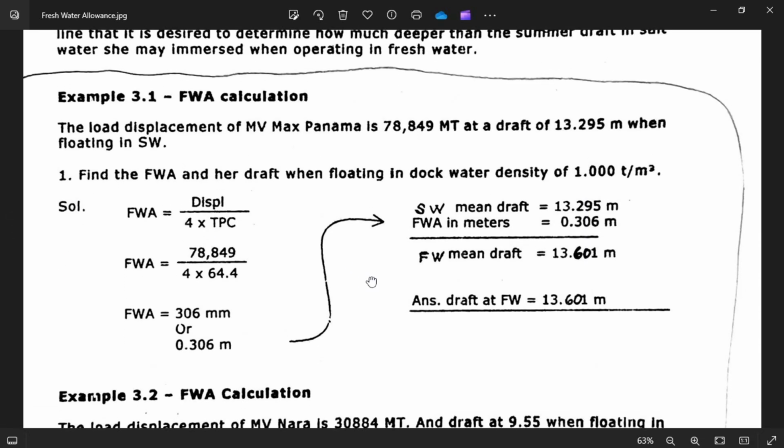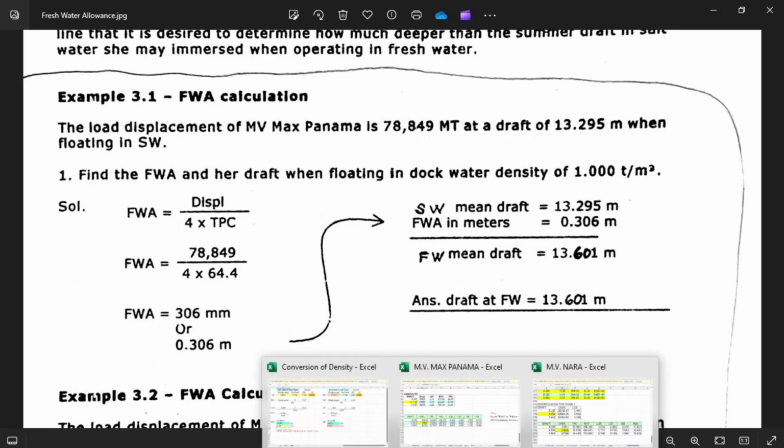The formula for freshwater allowance is displacement over 4 times TPC. See, this is the Panamax. Her mean draft is 13.25. So we'll investigate, guys.